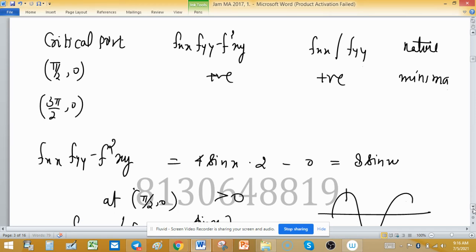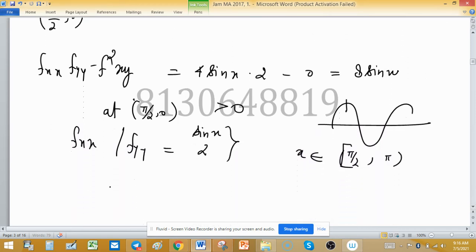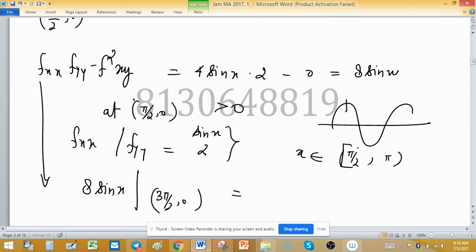Now check at (3 pi by 2, 0). The value is 8 sin x, and at 3 pi by 2, sine is negative. So the nature is a saddle point.